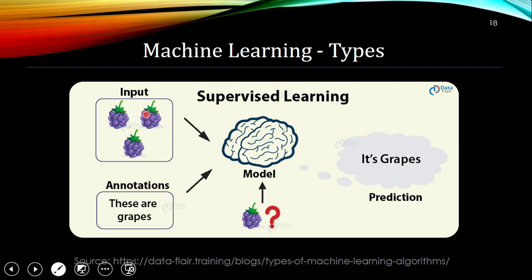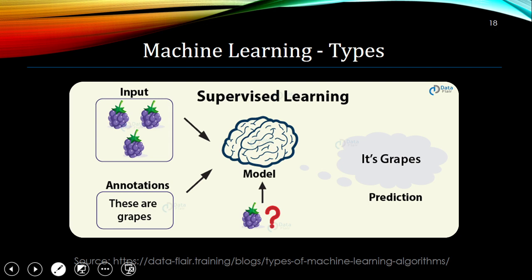What are these images? They are described in the annotations. Using this input data and annotation, the system is going to form the model. This model is generated and then the training phase is assumed to be over.